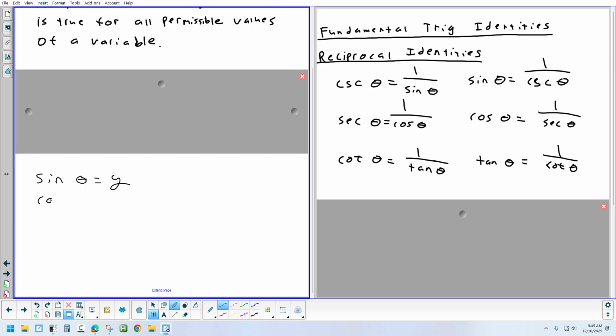We wrote this earlier. These are the definitions of the trig functions on the unit circle. Can somebody tell me a different way that I could write tangent based on what I have right there? Yeah, you can write tangent as sine over cosine.